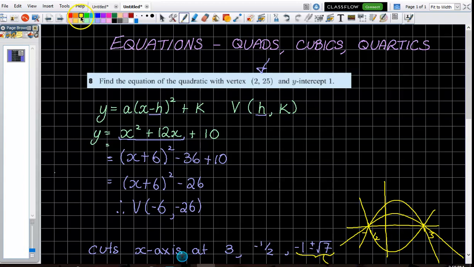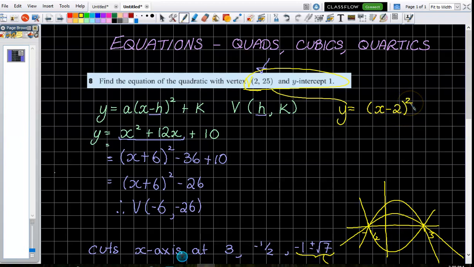All right, so talk to me, my beloveds. If this is my vertex, what should I write straight away? I'm writing minus 2. Bracket.